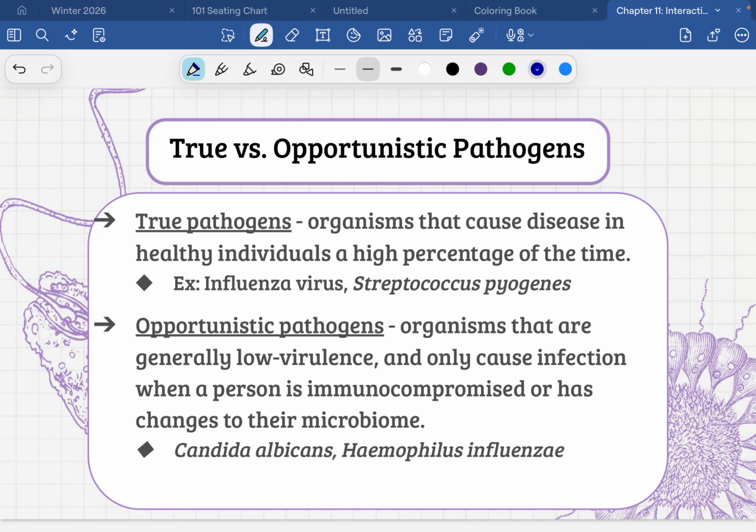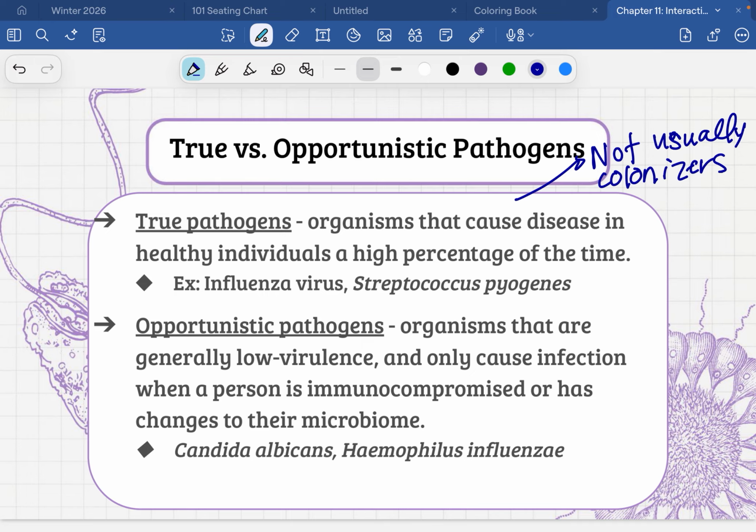Now, true pathogens, another way of thinking about this is they are not usually going to be colonizers for the most part, because these bacteria or microorganisms cause infection almost all of the time.